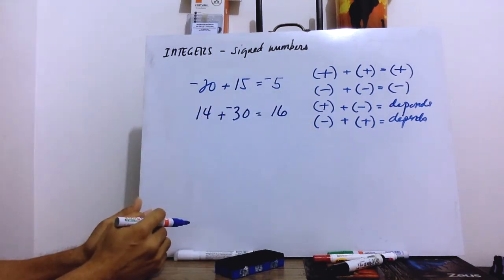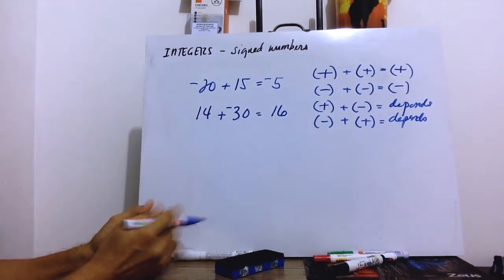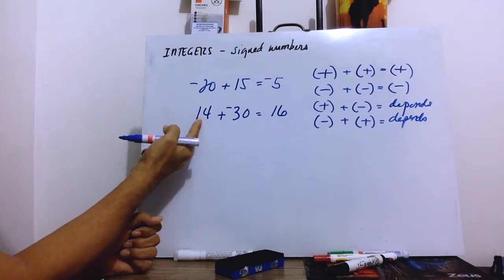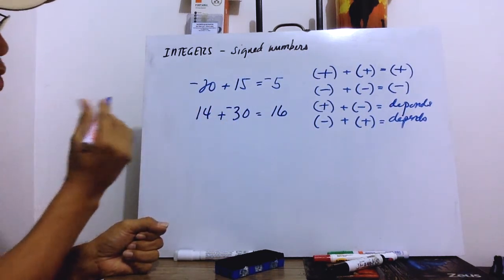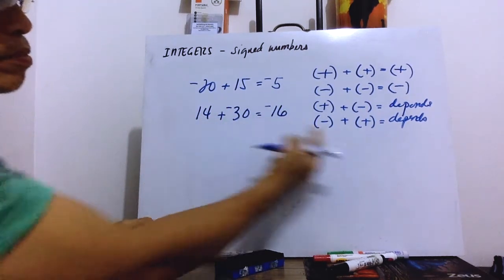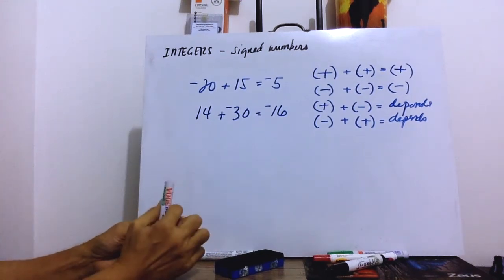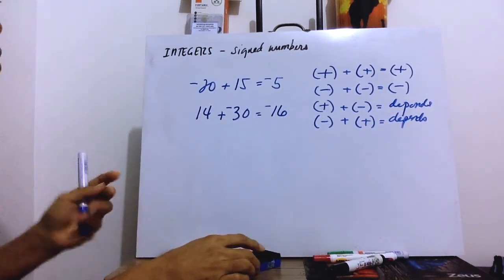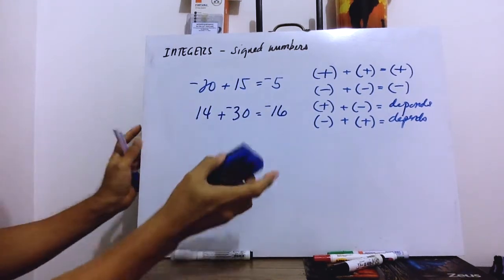But what's the sign of that sum? Which is higher, 14 or 30? It's 30. So whatever the sign of the higher number is, that'll be the sign of your sum. It's a bit tricky, so you need to practice on this.